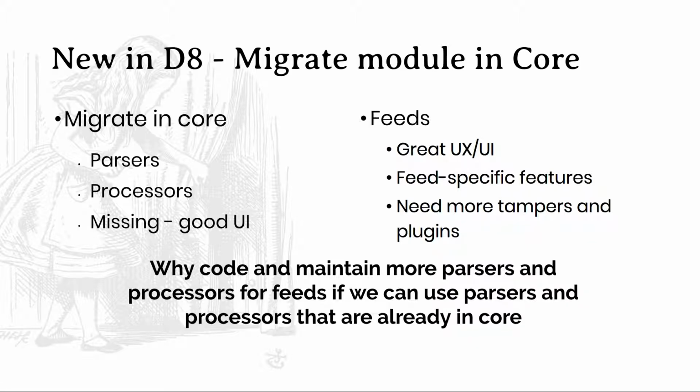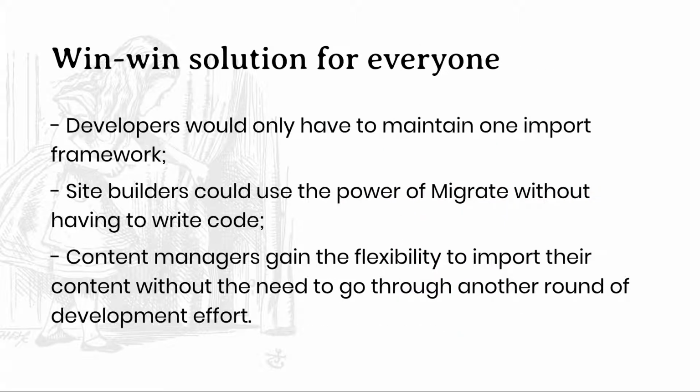We have all libraries, like JSON and XML libraries, sitting already in there. And then we have Feeds that has great UI and it's very, very well tuned for site builders. Why don't we put it all together? It seems so logical. Well, the reason it took us so much time is that it's not as simple as it seems.